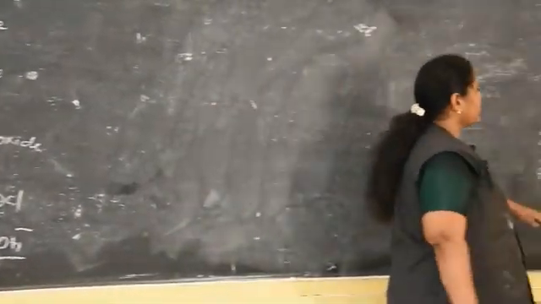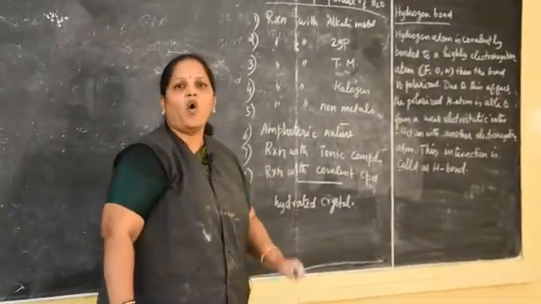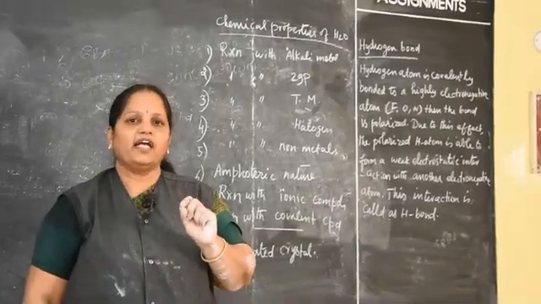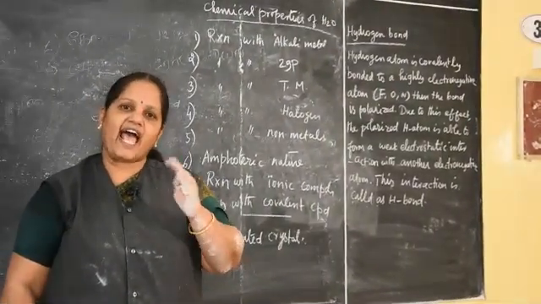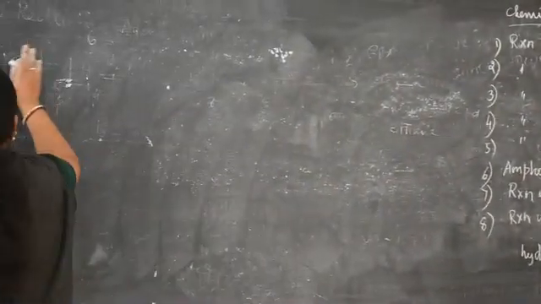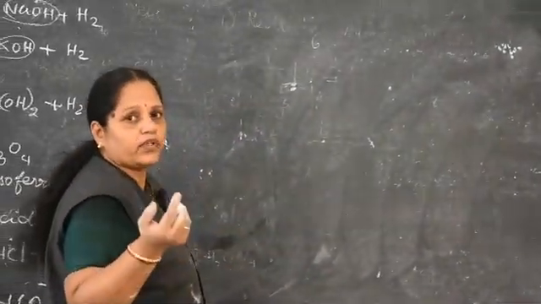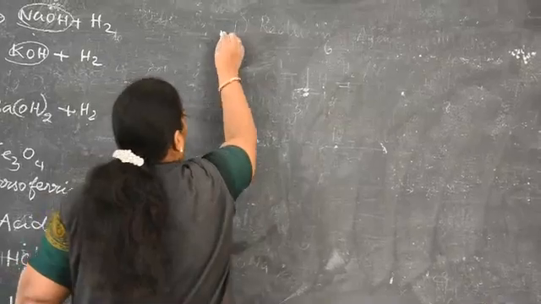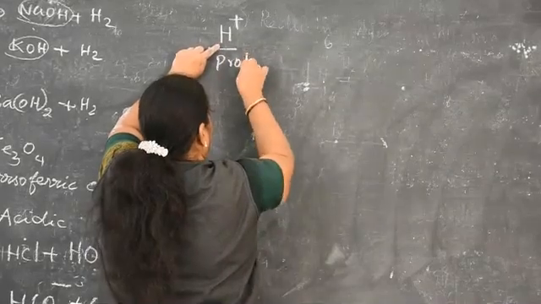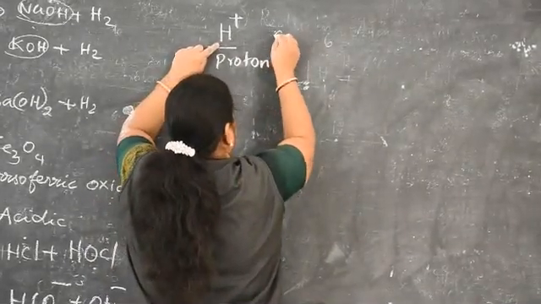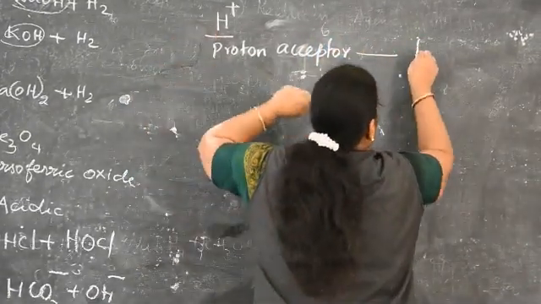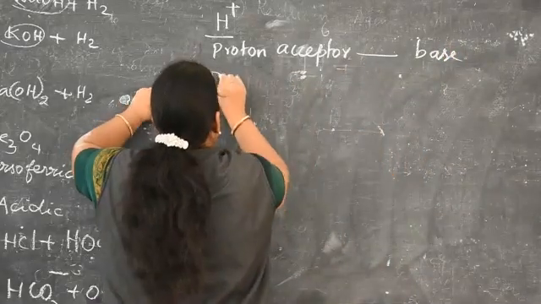Next, we discuss amphoteric nature. An important question: how does water act as an amphoteric oxide? It can act as either an acid or a base, based on proton donor and proton acceptor. Any substance that accepts a proton, H plus, is called a base. A proton acceptor is called a base.